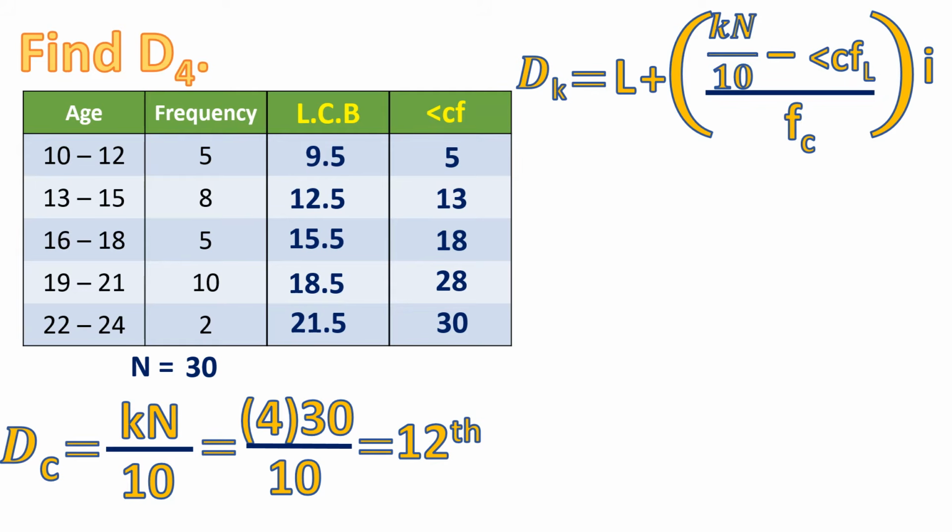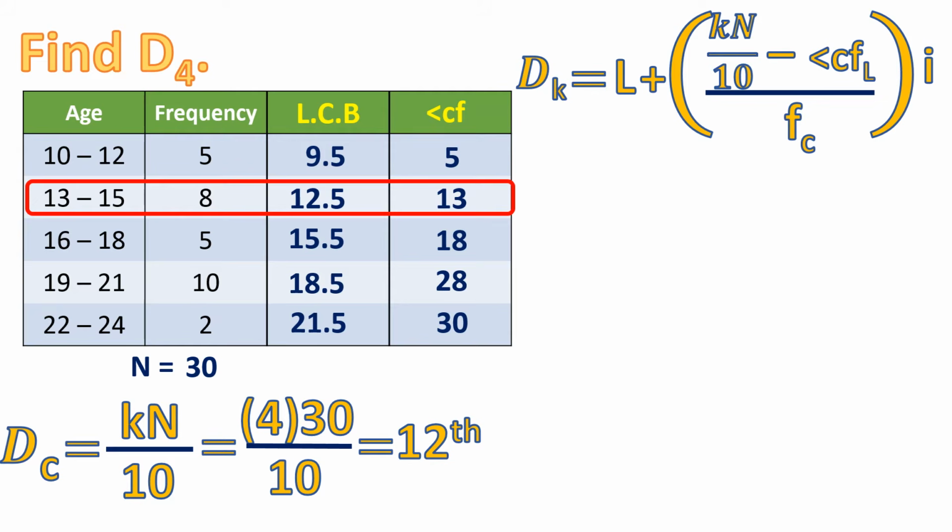And we're going to find it in the less than cumulative frequency. So 12 is in between 5 and 13. So we're going to choose 13. It's not because it's closer to 13, but it's because it is the bigger number. Even if it's very, very close to 5, still we're going to choose 13 as long as it's in between 5 and 13.